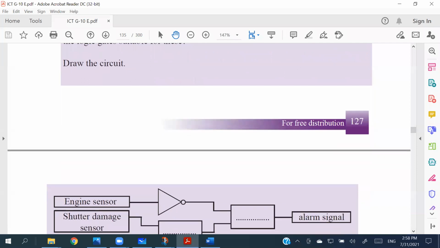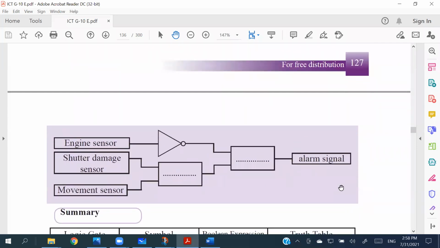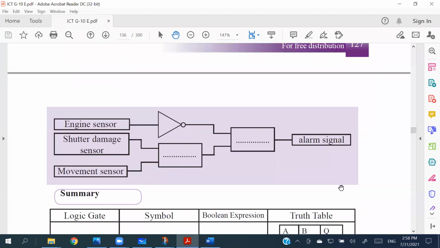Okay, let's take a look at this alarm signal and the sensors, or the circuit that they have given. So they say the engine sensor is there, the NOT gate is there, right? So the engine is not on can be indicated by this, right? And the shutter damage and movement sensors are there.